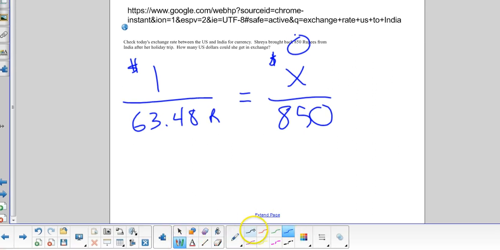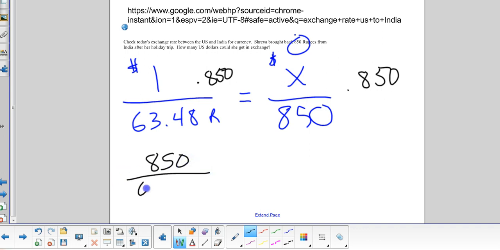What if you just decided to, since it's x divided by 850, multiply both sides by 850? And so you should know that this is going to be now 850 over 63.48. Whoa, what's happening there?